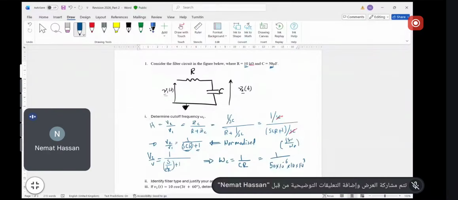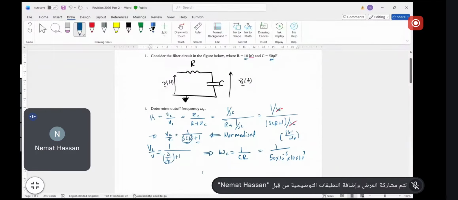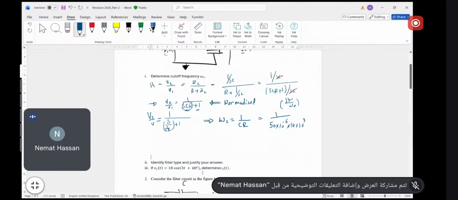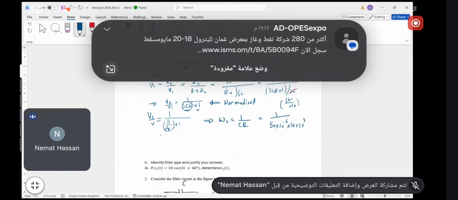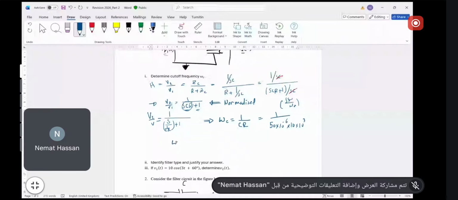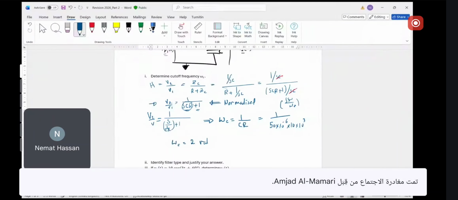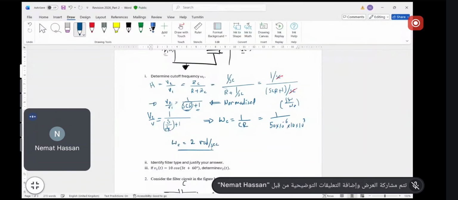And then you can calculate it to find the cutoff frequency in radians per second, which is 10 power 4 times 10 power minus 2, which is almost omega C equal to 2 radians per second. Okay.